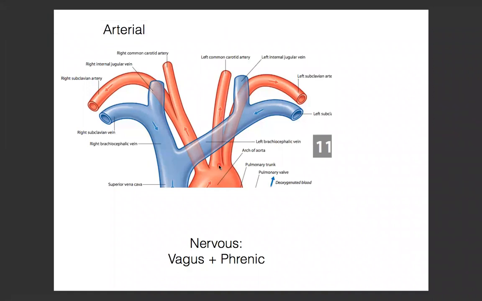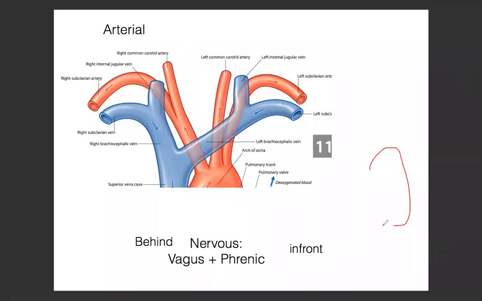Last thing we were talking about was the phrenic and vagus nerves. One of the important differences between them, so that you can tell the difference in the DR, is that the vagus nerve and the phrenic nerve have different relations to the hilum of the lung.